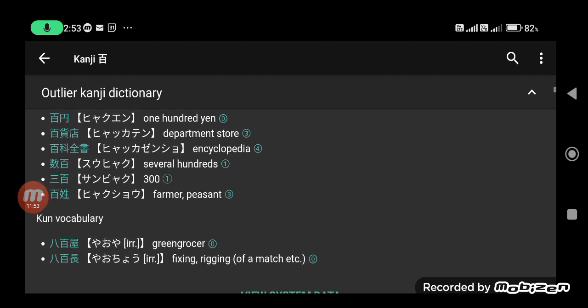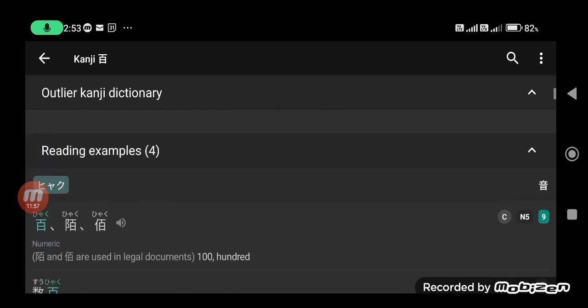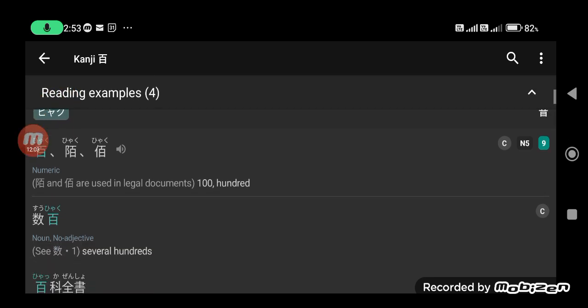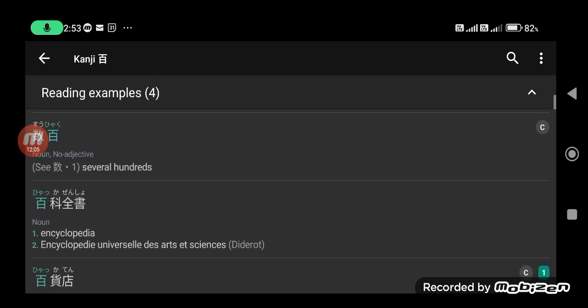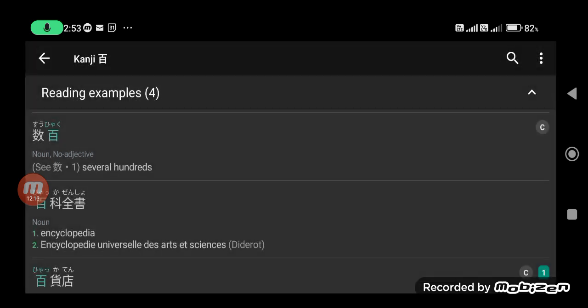So in the interest of time, I will ask you, minasan, to just screenshot the indicated vocabularies, the integrated terms. Suhyaku, several hundreds. Suhyaku.